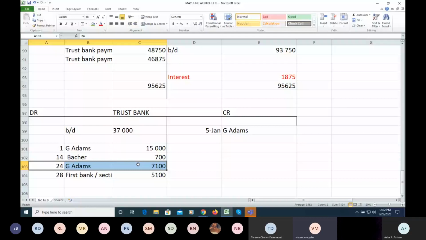The follow-up question says the attorney practice paid the amount due to G. Adams after all transfers were made. Do I have to record all the 7,100? To my understanding, we didn't receive all of it. We did receive it. We withdrew the investment made on the 2nd and received 7.1. So the follow-up transaction will come on its own.